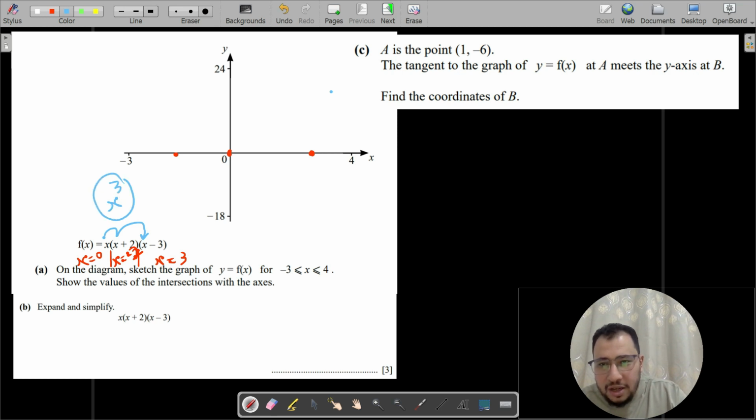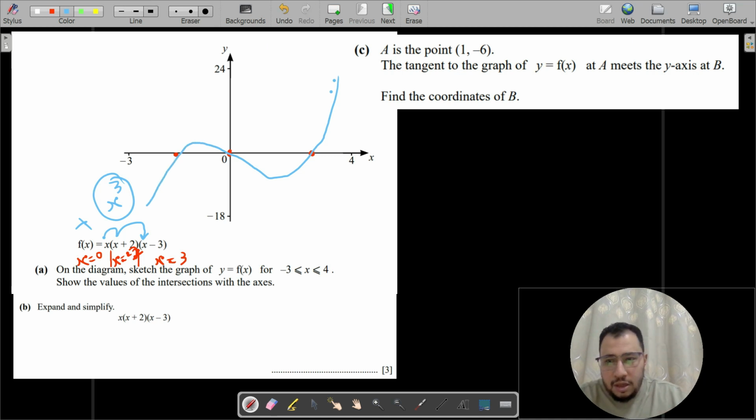Since x cubed here is positive, the start will be upright. So here you can just graph it like this, of course, with a smooth curve. This is our curve, the sketching of our curve over here.